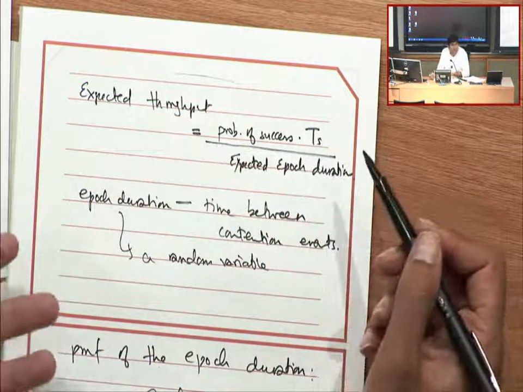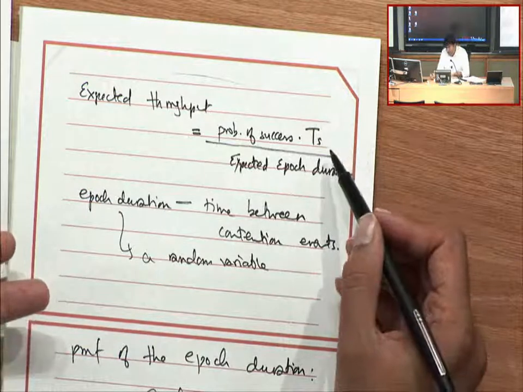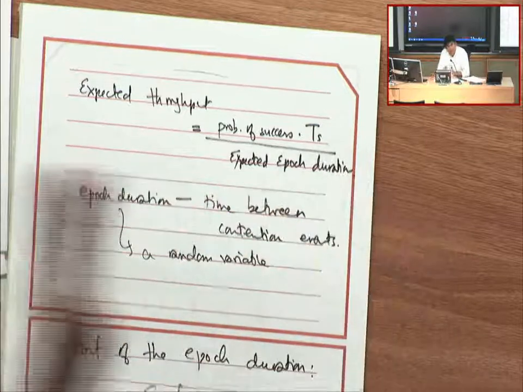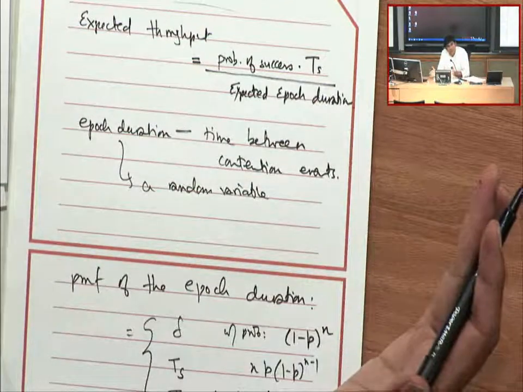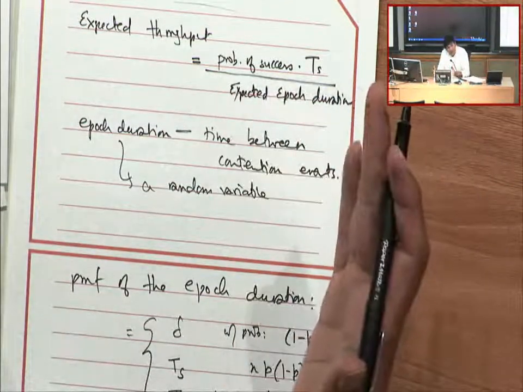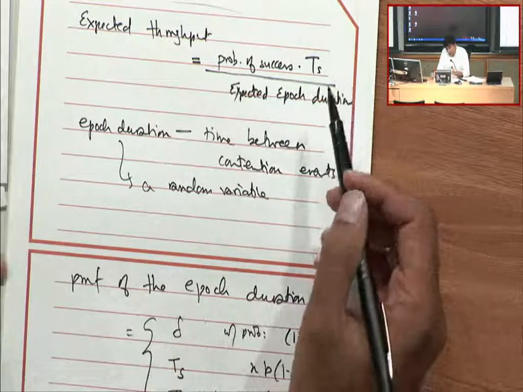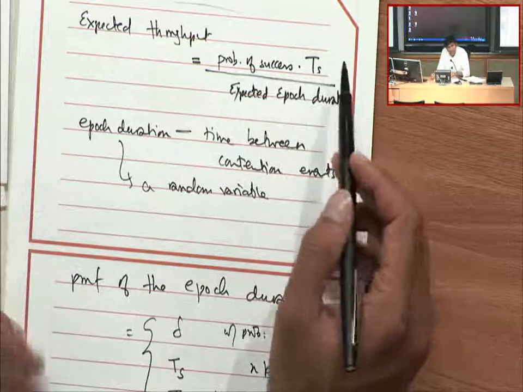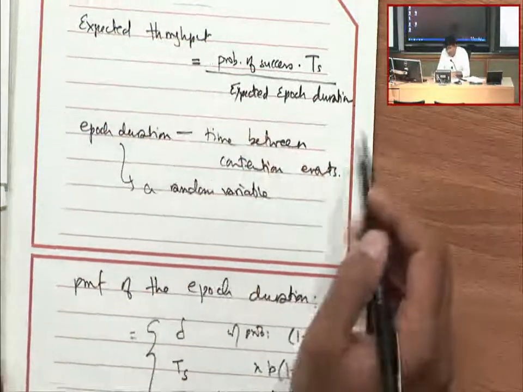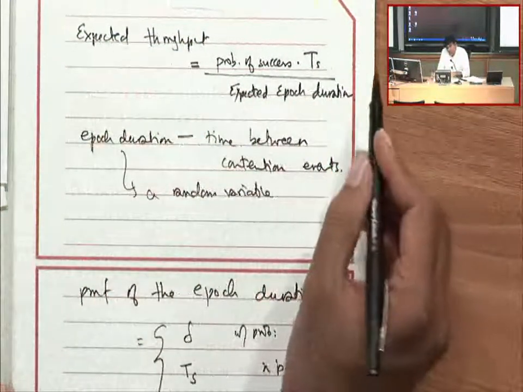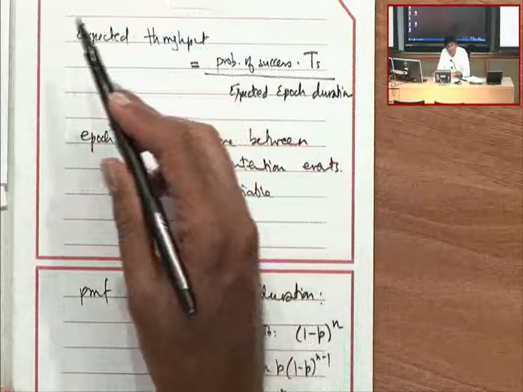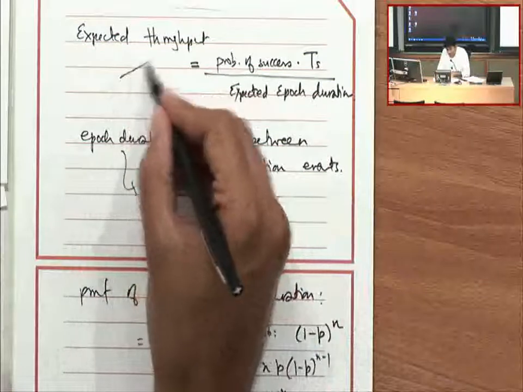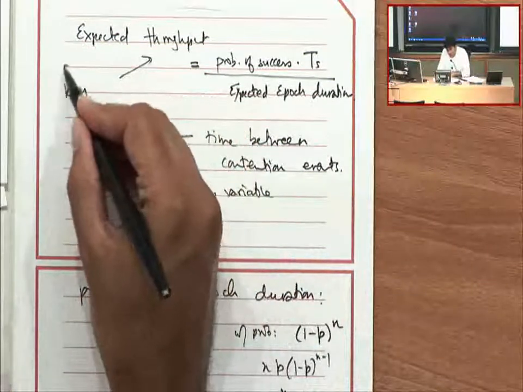It seems intuitive, but if I take into account the fact that the epoch durations are random variables, and I'm tossing these coins with some probability, I end up getting a success, and that success lasts a certain period. This expression comes from a theorem in a branch of probability known as renewal theory, and is a consequence of something called the key renewal theorem.